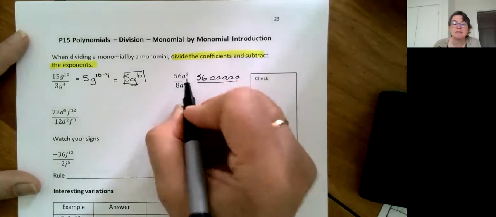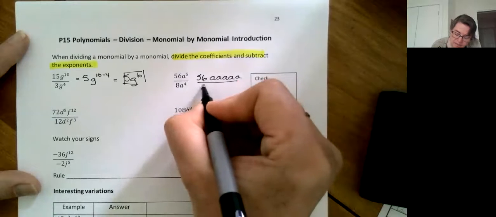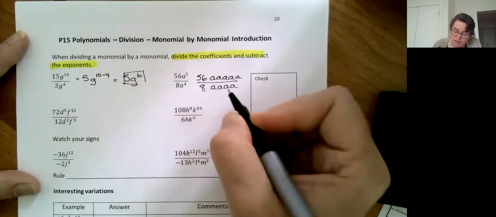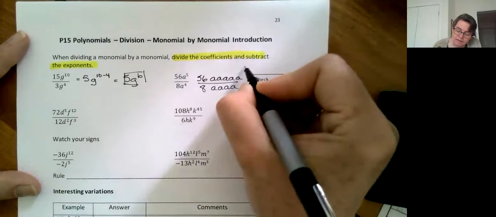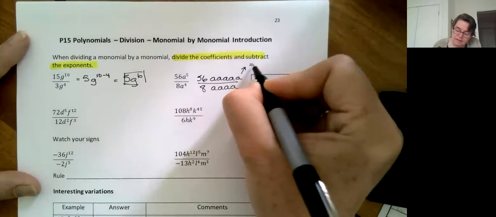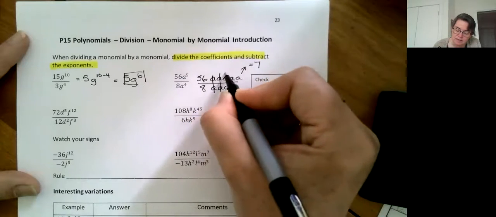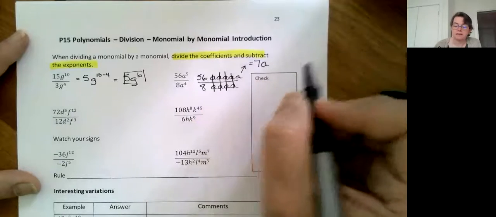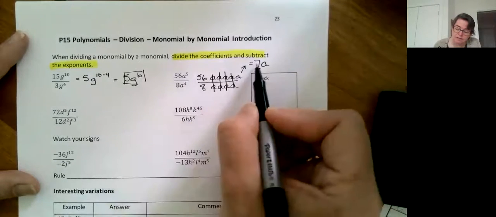A is my base, 5 is the exponent, so it tells me how many to write. 8 a^4. 56 divided by 8 is 7. And then that cancels to 1, that cancels to 1, that cancels to 1, that cancels to 1, and it leaves me a. Much faster.